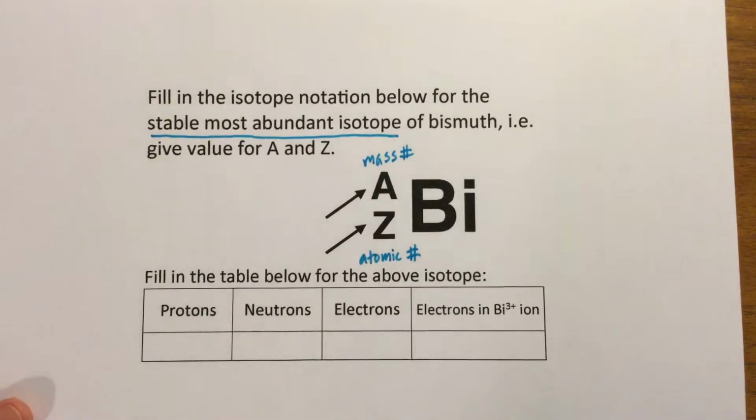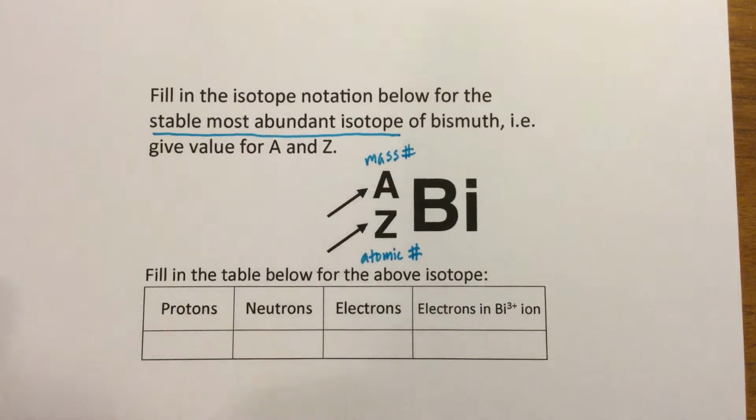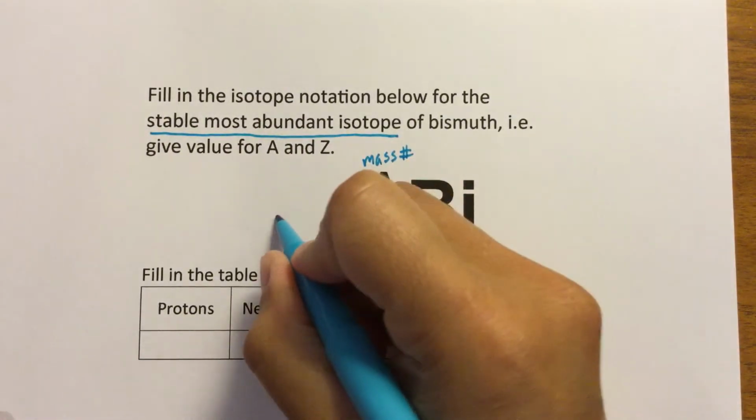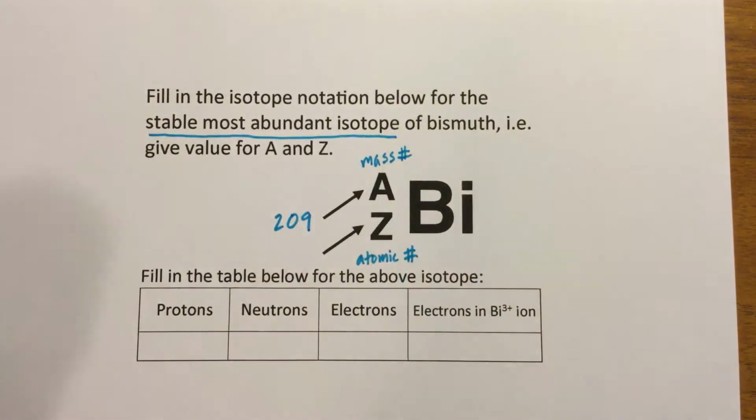Since it's not giving us any other information, that's the best we can do, and we'll say that the mass number is going to be 209 for the most stable version of bismuth. That is represented in the atomic mass because it's really close to that number. There might be a mass number for a different isotope, maybe a 208, but it's not as abundant, and that's what's making it slightly lower.